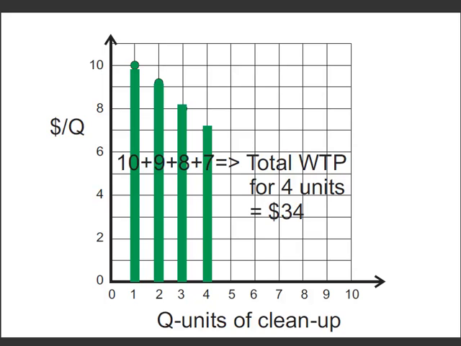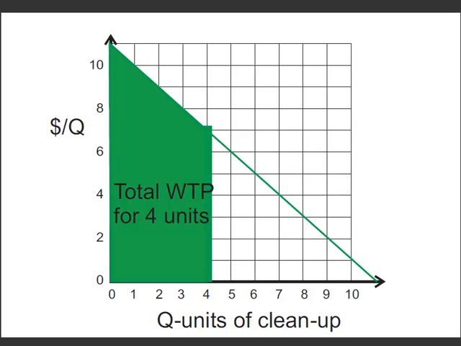Now, note that the total willingness to pay for 4 units is $34, which is more than the total willingness to pay for the 3 or 2 or 1. But the marginal willingness to pay for the fourth unit is smaller than the marginal willingness to pay for the first unit. So we can measure it incrementally like we did before in terms of 10 plus 9 plus 8 plus 7, or we can look at the area under the curve.